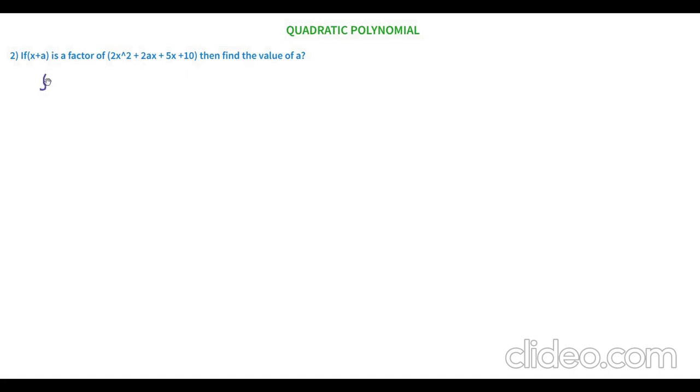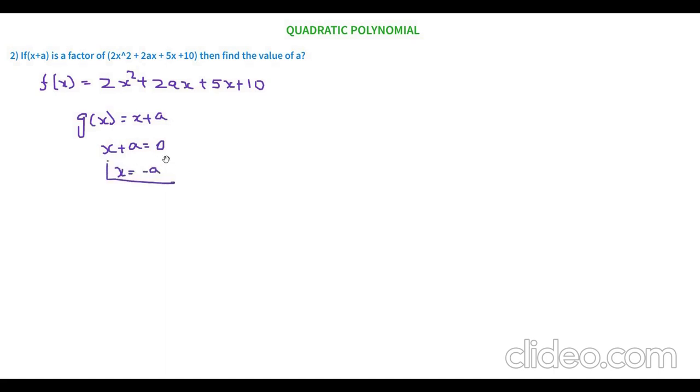Let's write the given polynomial as f of x equals 2x square plus 2ax plus 5x plus 10. One more thing given to us is the factor, so we can keep it as g of x equals x plus a. Since this is a factor, x plus a equals 0, so x is equal to negative a.